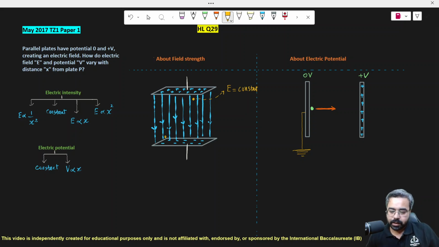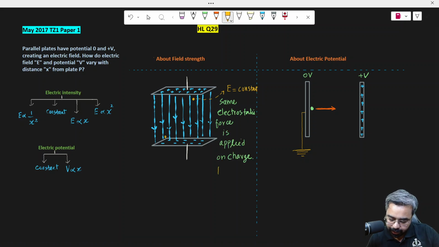Why is the electric field strength constant? The important reason is that the same electrostatic force is applied at both positions on the charge, right? Can I say E equals F over q, since according to its definition, electric field strength is the electrostatic force applied per unit charge.